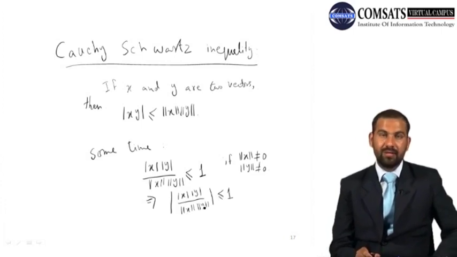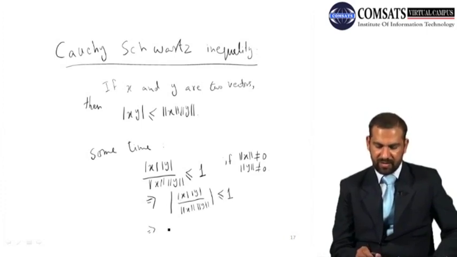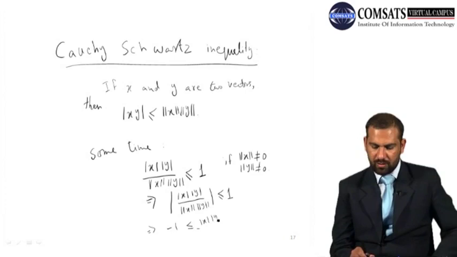Again, you can apply the mod property. You can rewrite this inequality in the form that minus 1 is less than or equal to the x mod into y mod over the x norm over y norm.